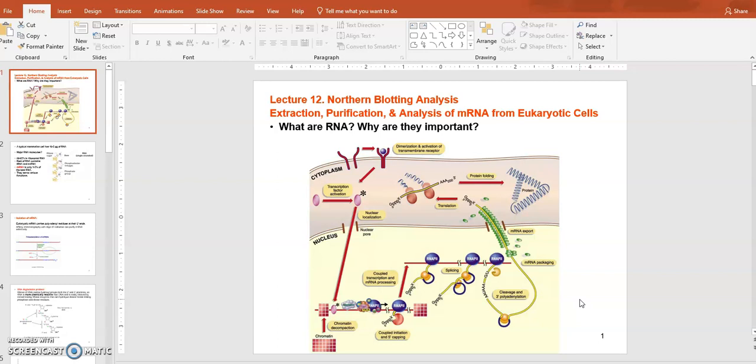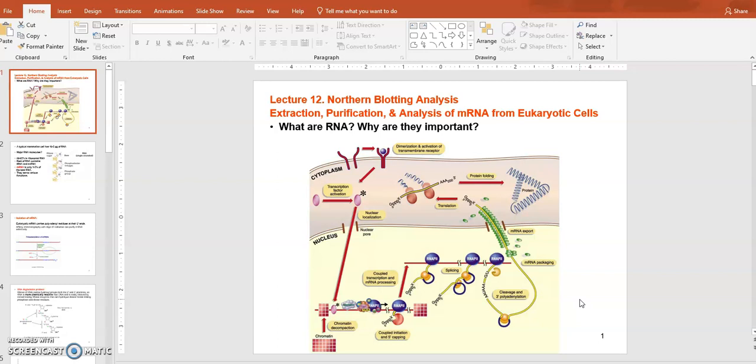You still have a probe DNA, single-stranded, that's labeled with something that generates your signal, maybe a radioactive isotope, fluorophore, or chemiluminescence, whatever that is. Your single-strand DNA probe is still hybridizing to the target molecule, but the target molecules in this case are RNA molecules. That's the only difference.